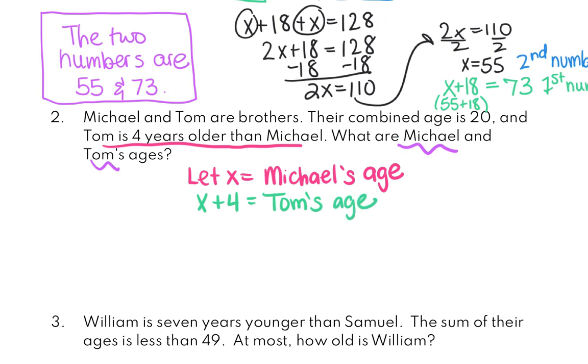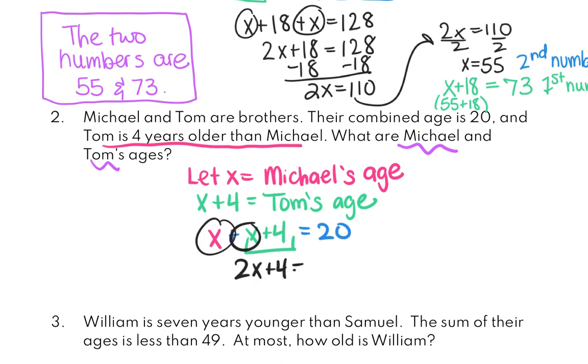From here, we're going to write our equation. So we know that the combined age is 20. So we're going to take Michael's age plus Tom's age. This is Tom's age, and that's going to equal 20. Let's combine our like terms. We have 2x plus 4 equals 20. When we go to solve, I'm going to subtract 4 on both sides.